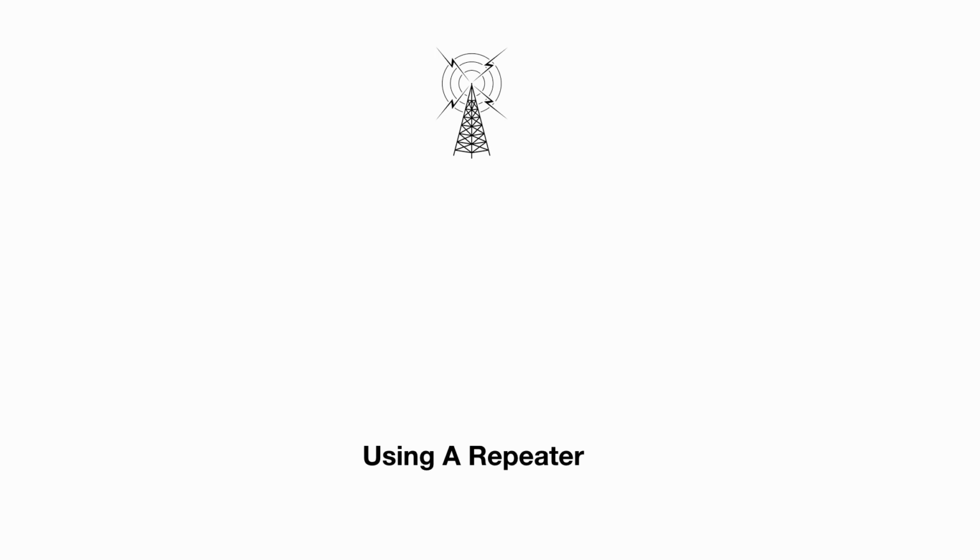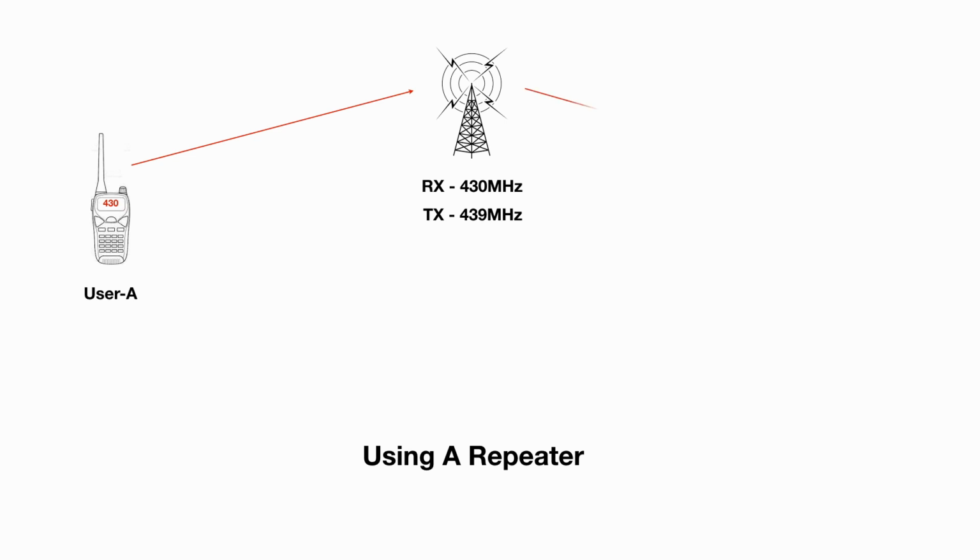Because of potential self-interference, the two radios are on different frequencies. For example, the receiver might be on 430 MHz and the transmitter on 439 MHz. So a user, let's call him user A, calls on 430 MHz, the repeater receives the call and retransmits it on 439 MHz.